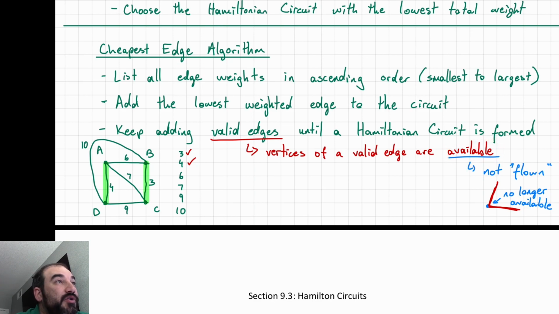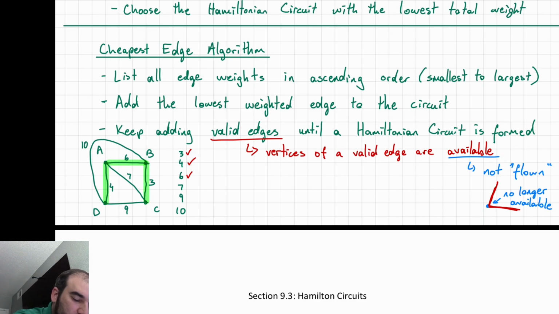As soon as they're used twice, they become unavailable. So as soon as I say, okay, yes, I'm going to use this edge that has a weight of 6, A and B are now considered flown, because we've used 2 edges that are touching A, and we've used 2 edges touching B. So now A and B are no longer available.